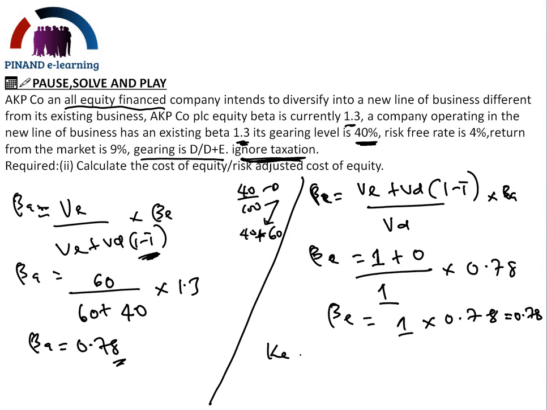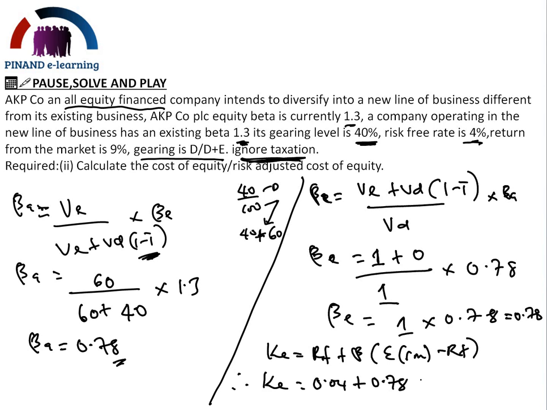Now KE, using the CAPM formula, is the risk-free rate plus beta times the market return minus the risk-free rate. The risk-free rate in the question is 4%, so that will be 0.04 plus the beta we just calculated, 0.78. Did they give us a premium here?